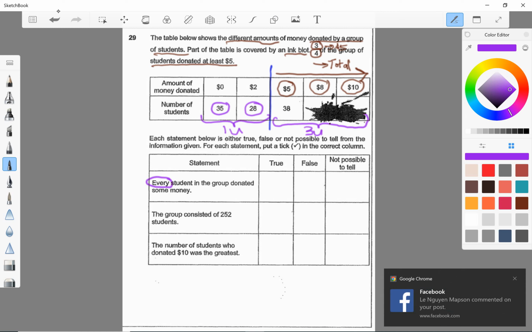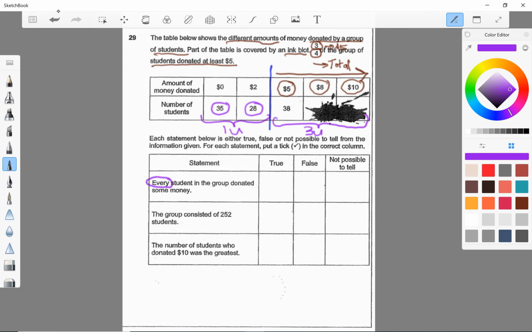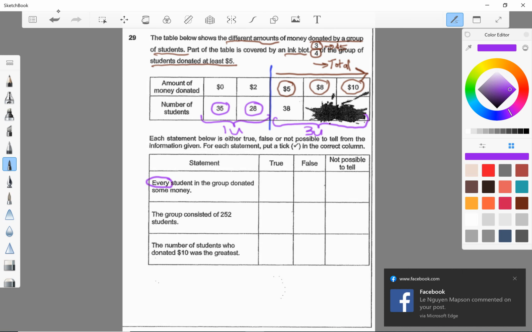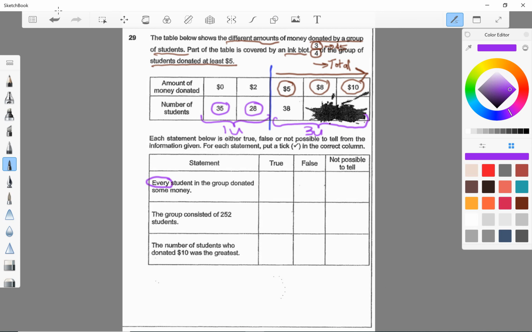But within the $0, I see that there are 35 people. So this means that every student in the group donated some money, it has got to be a false statement. Alright, false statement. So I'll put a tick under the false for the first statement.